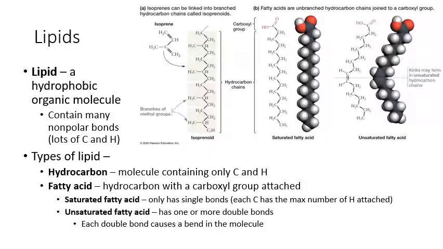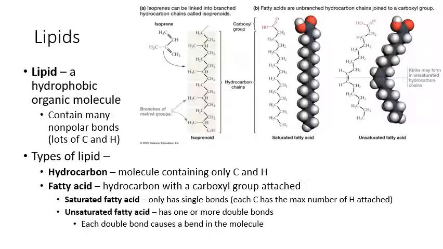So a lipid is loosely defined. It's just any organic molecule that is hydrophobic. So any molecule that is based on carbon and does not dissolve in water is going to count as a lipid. As you might figure, there's a lot of different types of lipids around, and they're not necessarily all that closely related to each other in terms of their structure, beyond, of course, all being based on carbon and not being hydrophilic.